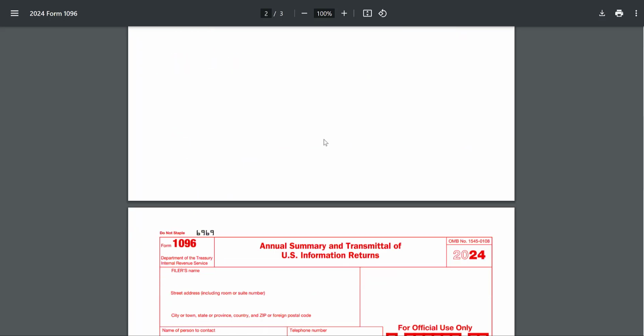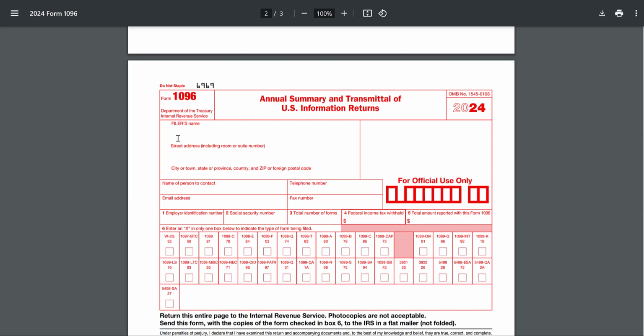This is Form 1096. I'm going to show you what this looks like really quick. This has your filer's name, your street address, your city or town, name of person to contact about the filing. So if you're filing it, that's going to be you, your email address, your phone number. If you have a fax number, your fax number, your employer identification number, or your social security number.